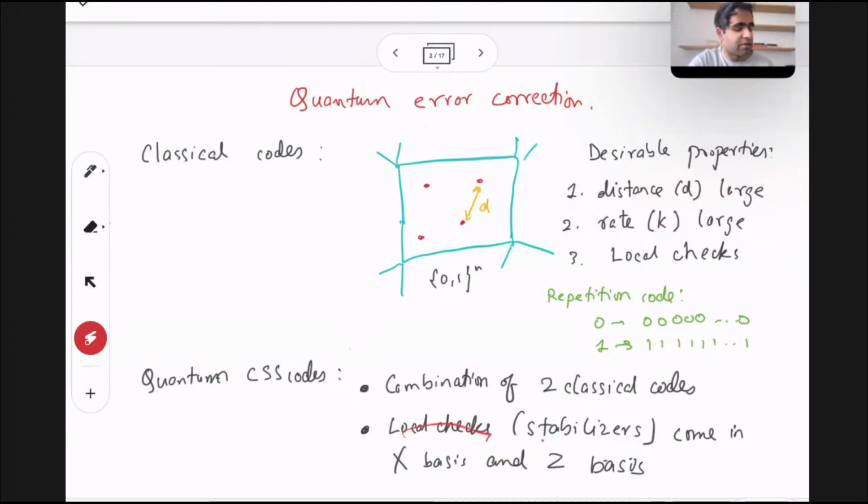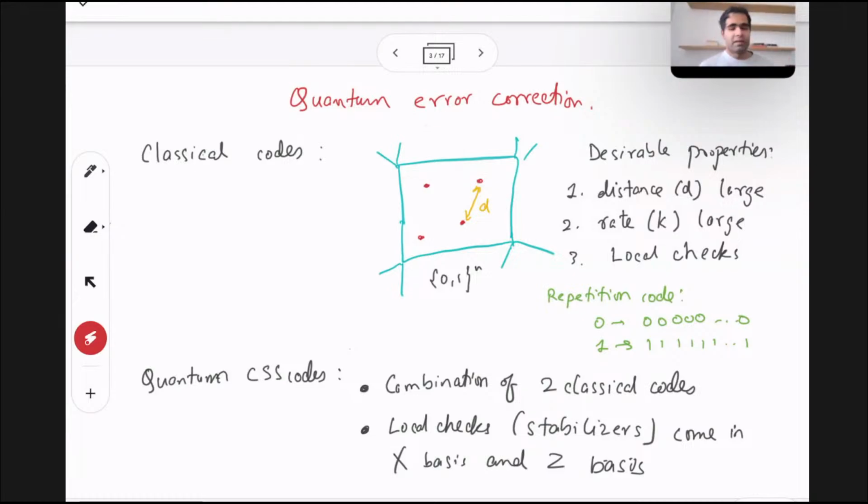The local checks, also known as stabilizers, have to be in both the X basis and the Z basis. X basis checks for Z errors and Z basis checks for X errors. So that's a very, very fast recap of quantum error correction. I'll again not need too many ideas beyond what is there in this slide.